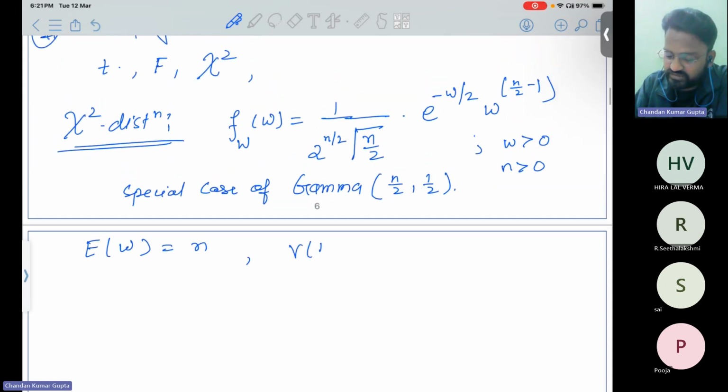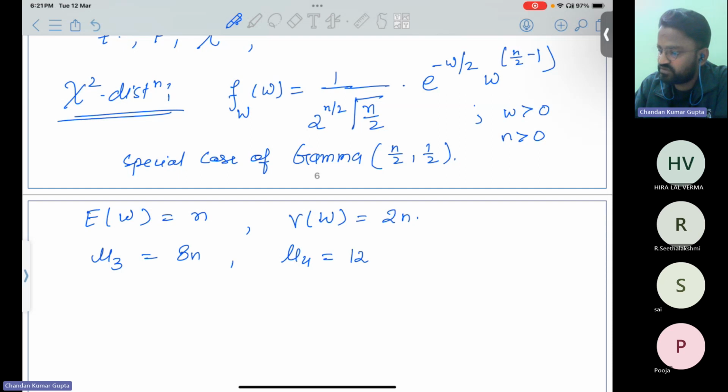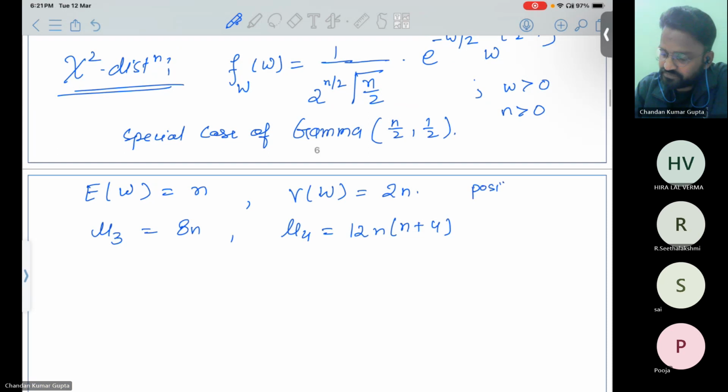Variance is twice n, and we may calculate the third order central moment, which is about 8n, and the fourth order moment is 12 times n plus 4.